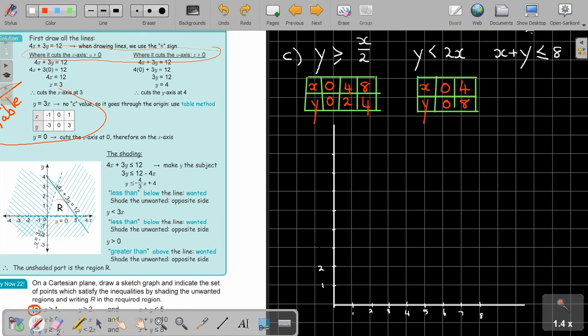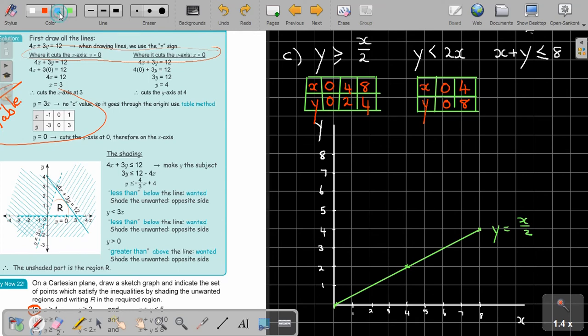So the y-axis, x-axis. If I draw this one, this is 0, and then it's going to be 4 and 2, here, and then 8 and 4. Drawing my line, it's just going to be like this. Let me write, this is y is equal to x over 2.